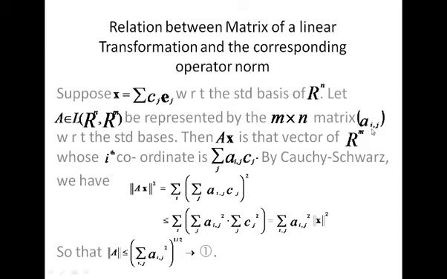So we have mn functions, called aij. So A depends on p, B also depends on p. A will be denoted by Ap, B by Bp. So norm of Ap minus Bp is less than or equal to sigma over i, j of (aij of p minus bij of p) whole square, whole to the power 1 by 2.